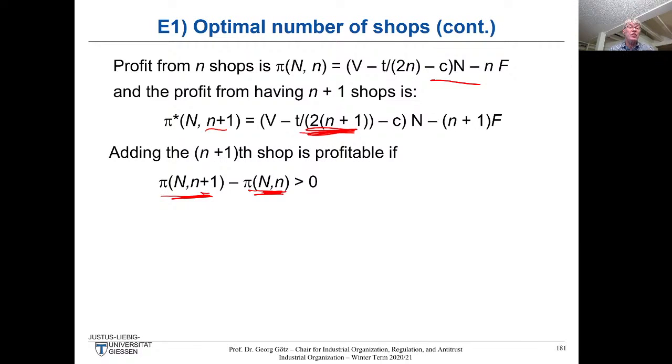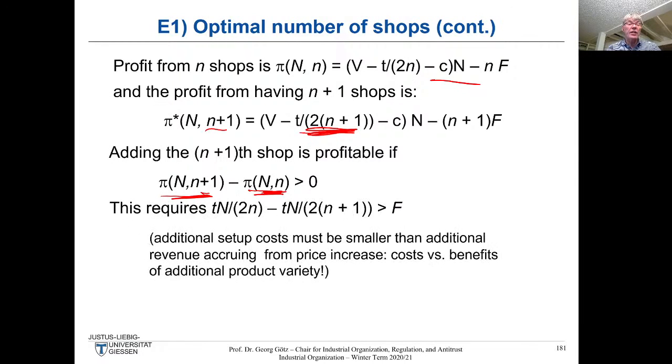So we will see what economists call cannibalization. And the question is, how many shops should we add? Therefore, we just calculate the maximum number of n for which this is satisfied.